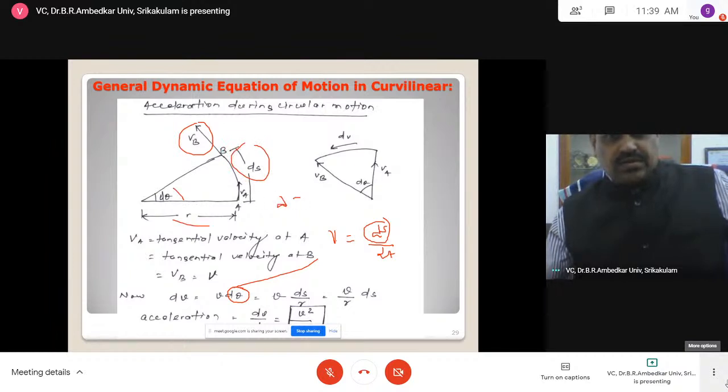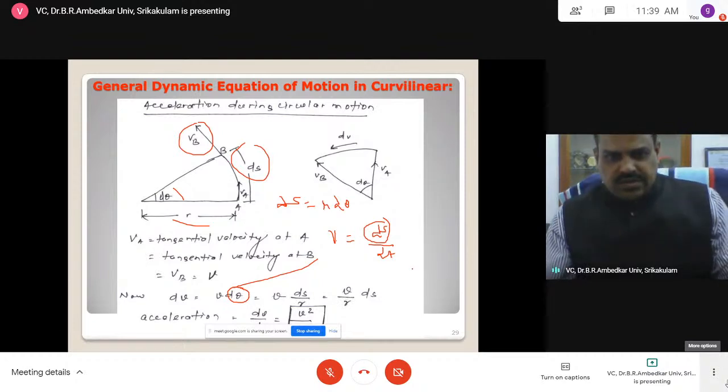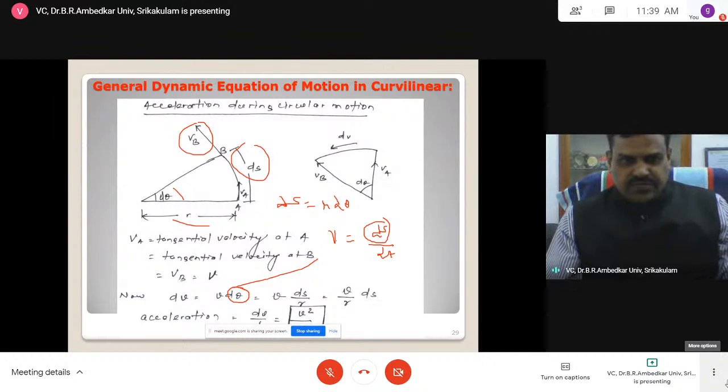So that's why ds is equal to r into d theta. If you substitute, we'll get acceleration. This d theta is ds by r. If you substitute here, V into ds, then dV by V square, if you simplify, the normal acceleration is equal to v square by r. This is the expression we are going to get.